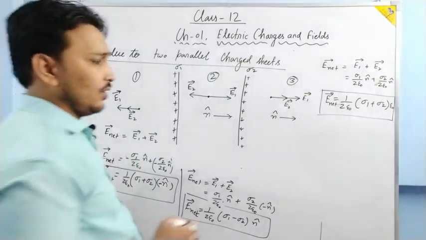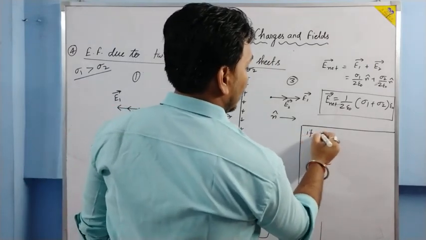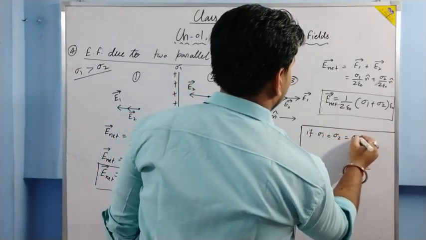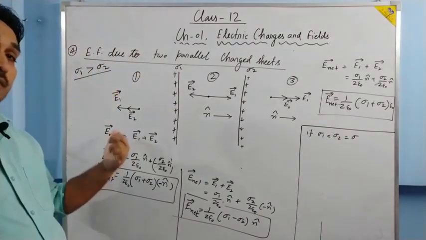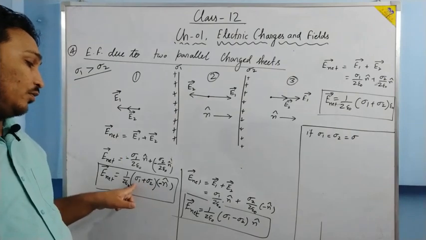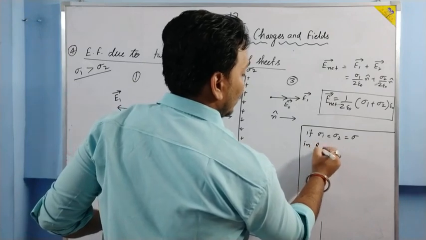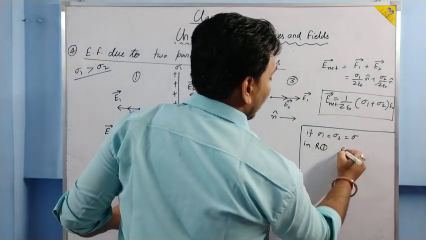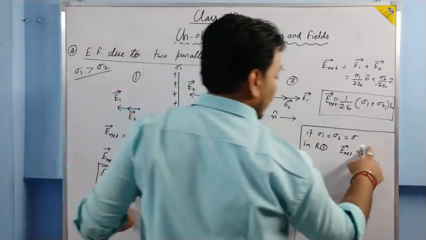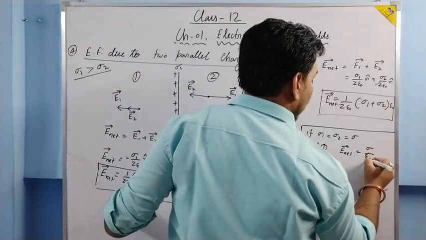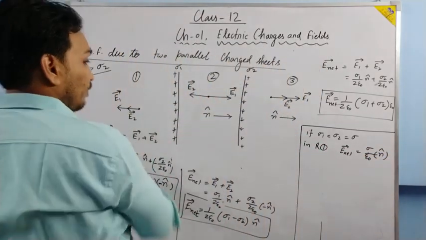One case is that if sigma 1 is equal to sigma 2 is equal to sigma, then in this region sigma 1 plus sigma 2 becomes 2 sigma, and 2 and 2 cancel out. So in region 1, E net will be sigma upon epsilon naught n cap with a negative sign, because the net electric field will be in this direction.